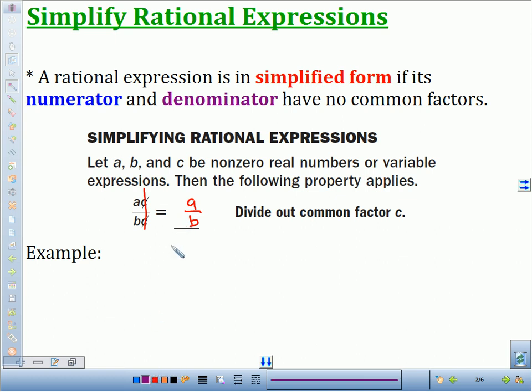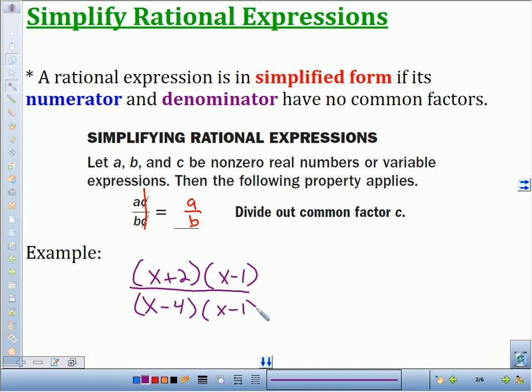For instance, let's make it a little bit interesting here. If I had x plus 2 times x minus 1 over x minus 4 times x minus 1, even though these are binomials and they don't look like a's and b's and c's, the same rule still applies.